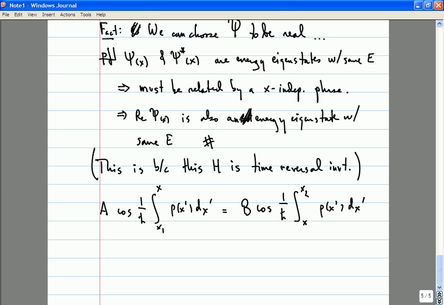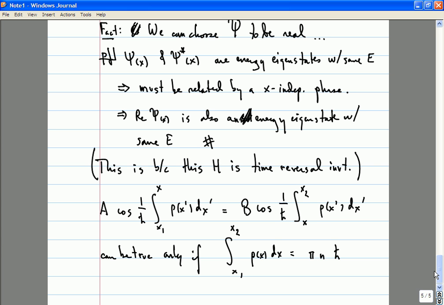So this can be solved only if the sum of those two terms, namely the integral from x1 up to x2 of p, is equal to pi times an integer times h bar, in order to get the arguments of the cosine to work out.